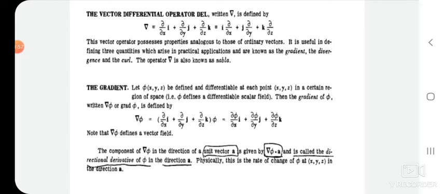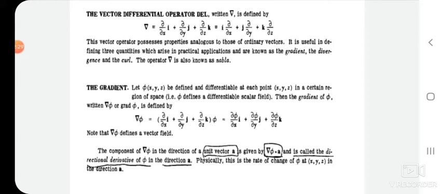For better understanding, let us consider one function phi which varies with respect to x, y and z. Let phi, a function of x, y, z, be defined and differentiable at each point in certain regions of space.